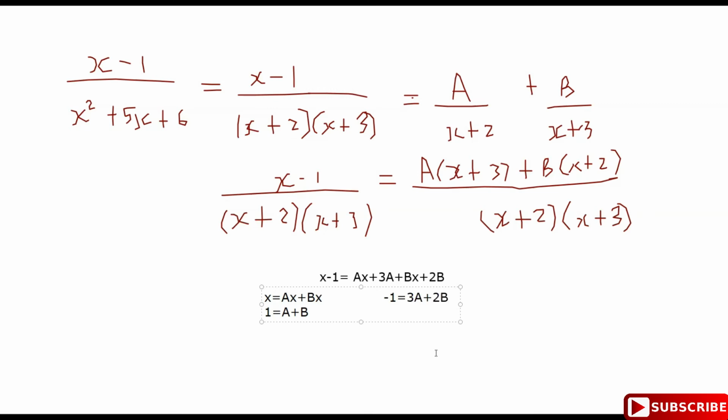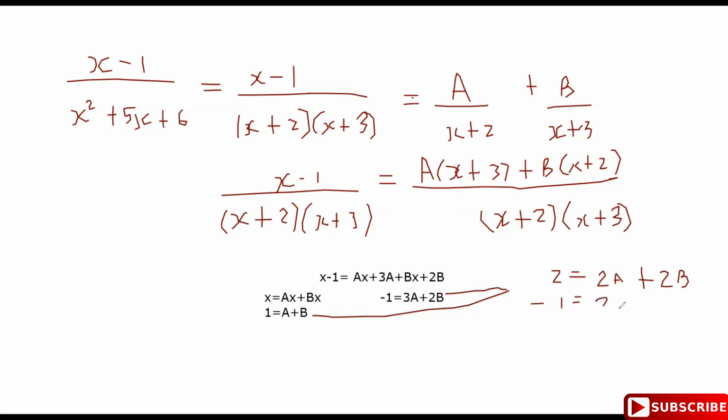What I like to do is, from these two equations, multiply this one by 2 to get 2 is equal to 2a plus 2b. You might say, why did I multiply by 2? I like to multiply by 2 for the elimination method. Then I have minus 1 is equal to 3a plus 2b.